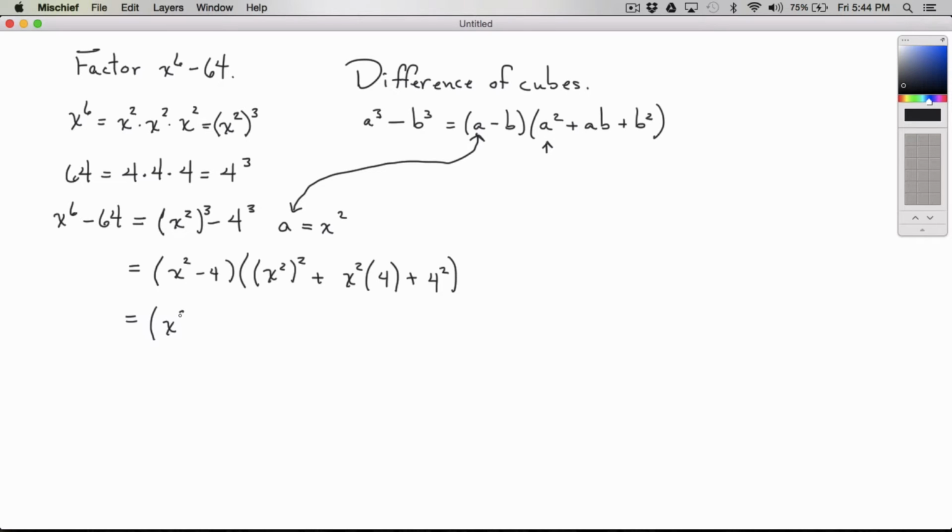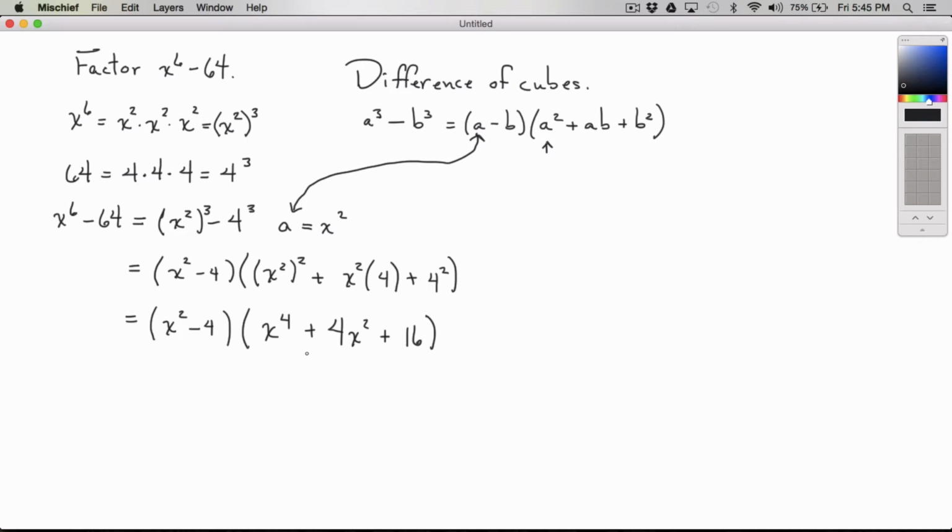My first factor is x squared minus 4. My second one is x squared squared. Remember, when an exponent is raised to an exponent, we multiply the exponents. This gives me x to the 4th plus x squared times 4, but it's more common to write the coefficient first followed by the variable. So 4x squared plus 16.